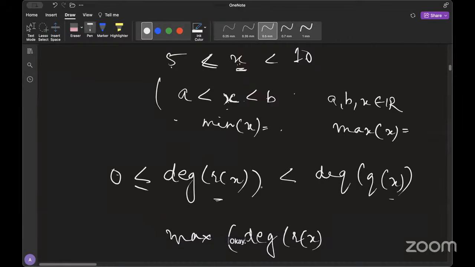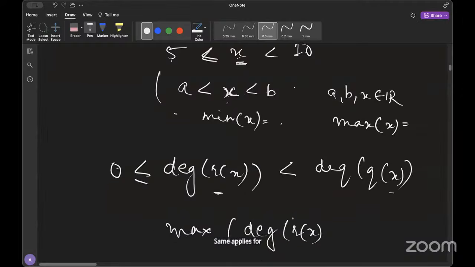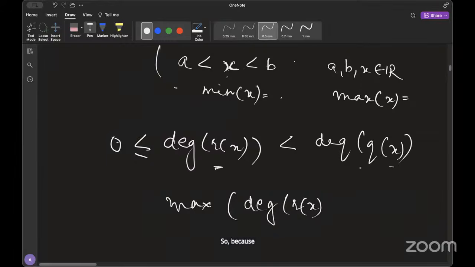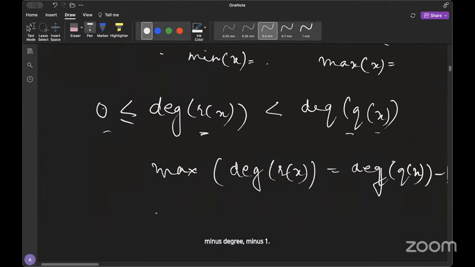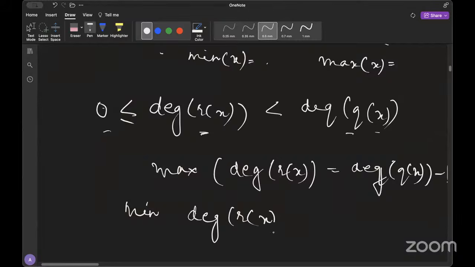In particular, it's a natural number, but it's also an integer. So the same applies here. You can say that the maximum degree of Rx possible should be degree of Qx minus 1, and the minimum degree of Rx here should be 0. Why not 0 plus 1 here?